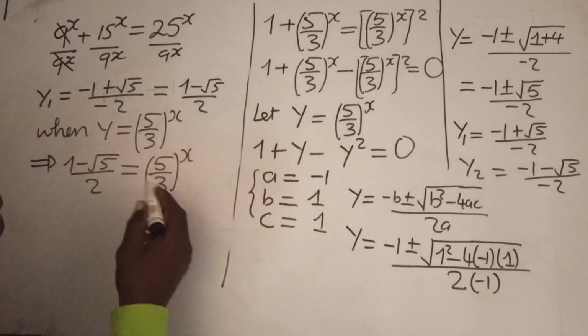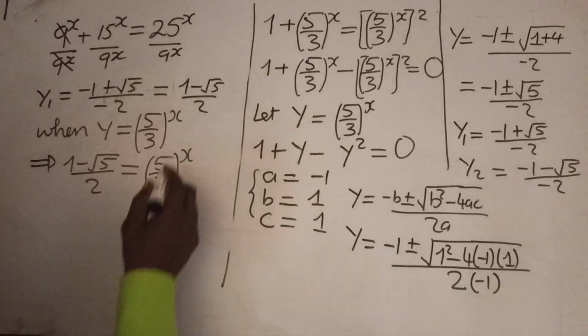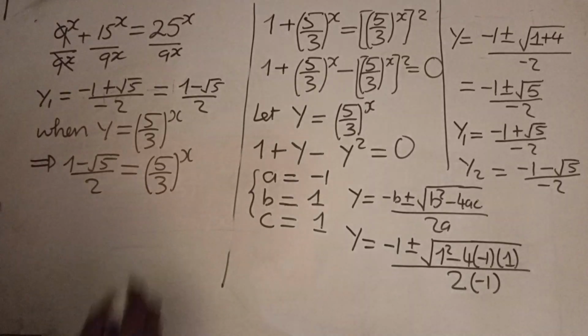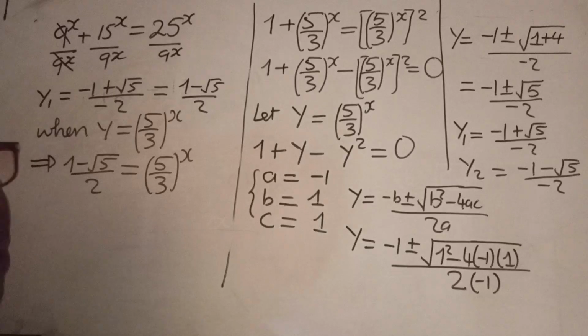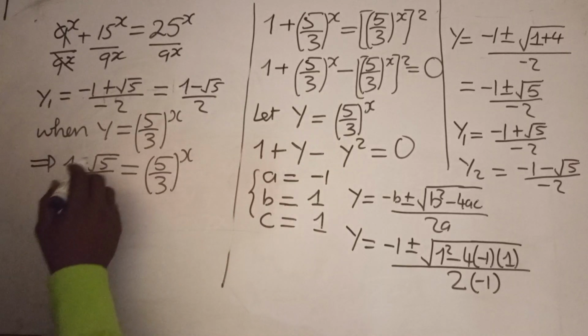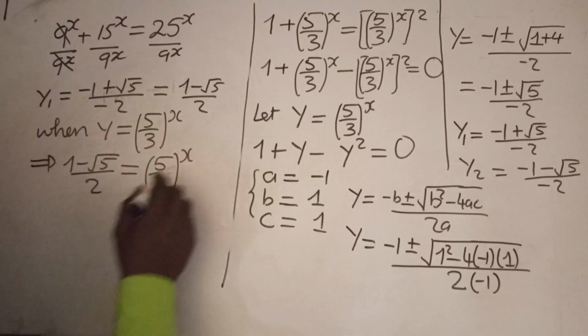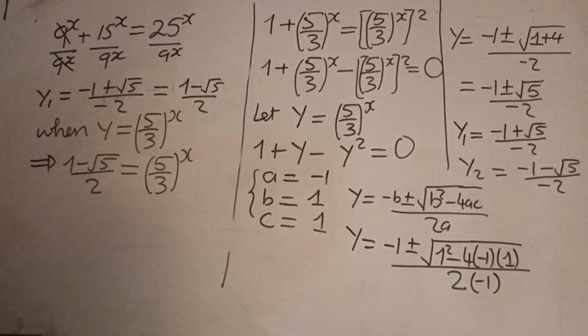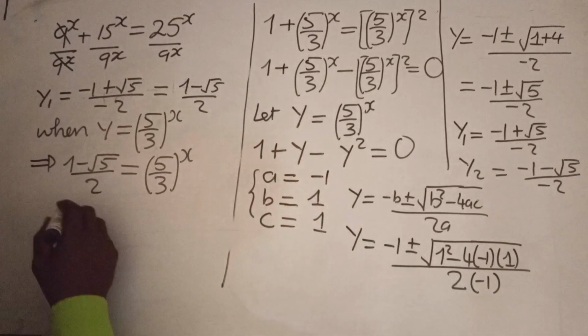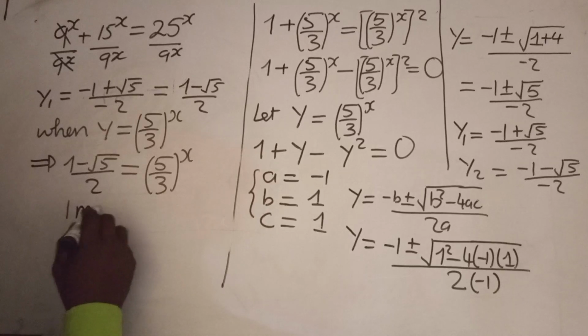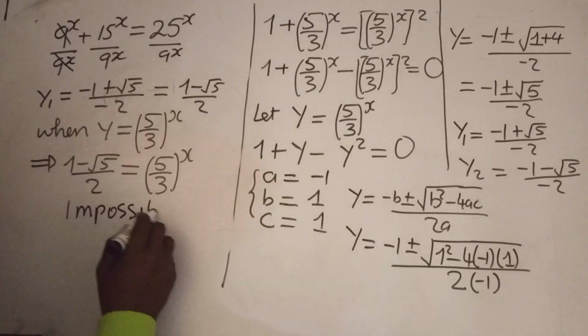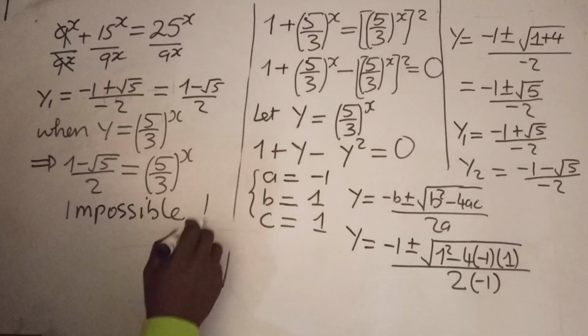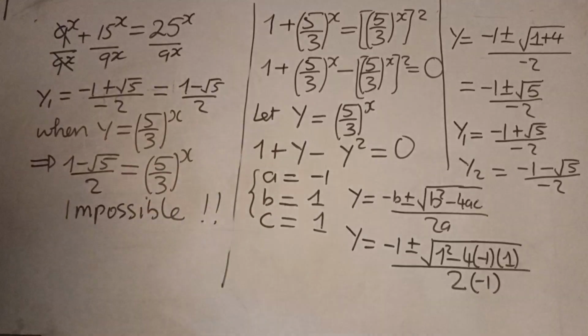Because all index expressions are always positive, no matter the sign of the power. This expression on the right hand side will always be positive no matter the value of x. So we can't equate a negative value to a positive expression. So here we'll say impossible. So we don't have any solution with this situation.